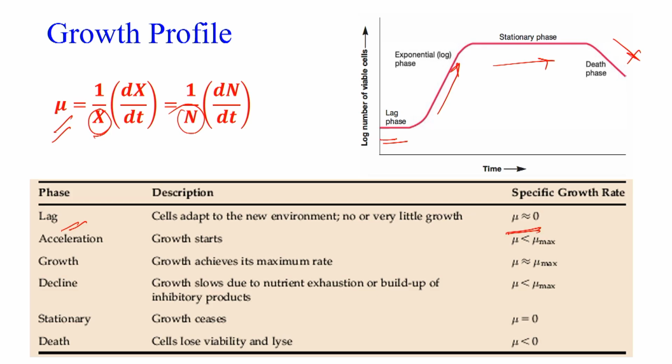In case of growth phase, we say specific growth rate is equal to mu max. In the case of stationary phase, again we say specific growth rate is 0. In the death phase, specific growth rate is less than 0. So, in fact, we used to calculate mu net. Mu net will be mu max minus mu. So, this is a kind of driving force for the cell growth.